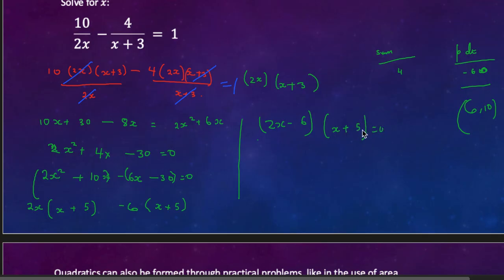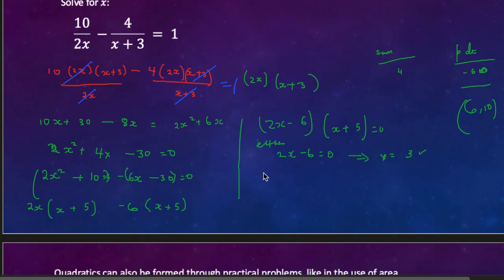Remember the question was to solve for x, find the roots. So we can write the word either: 2x minus 6 is 0. This implies that the value of x will be 3. So x equals 3, that is one value.